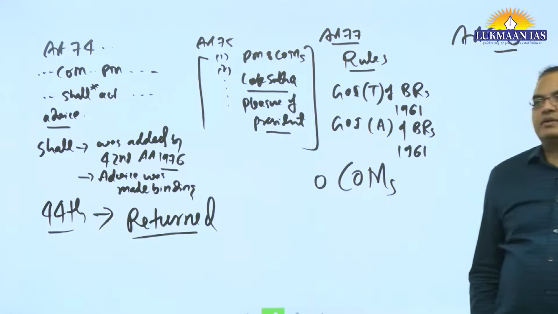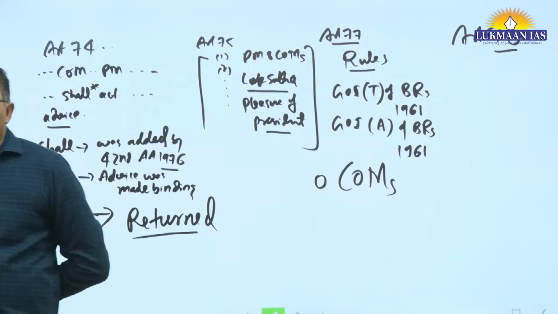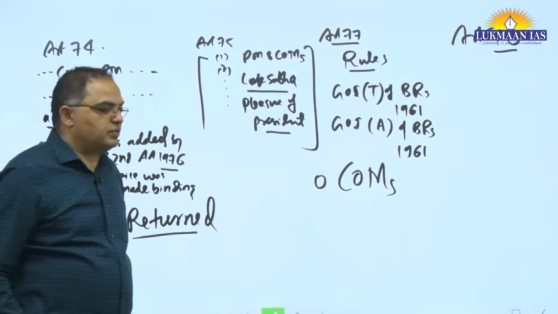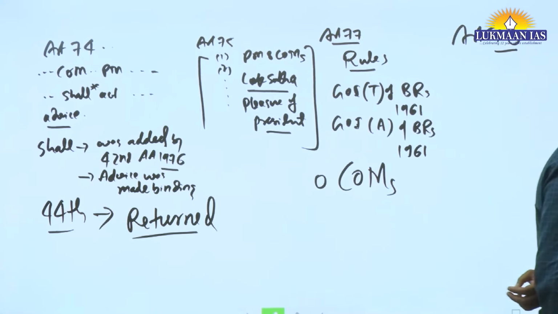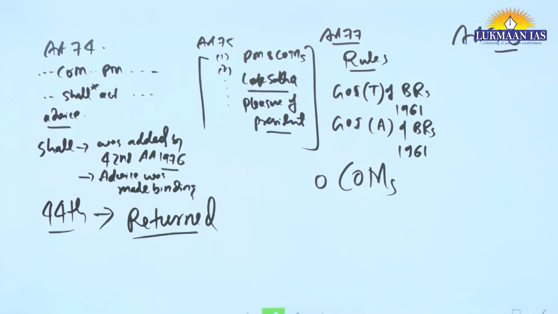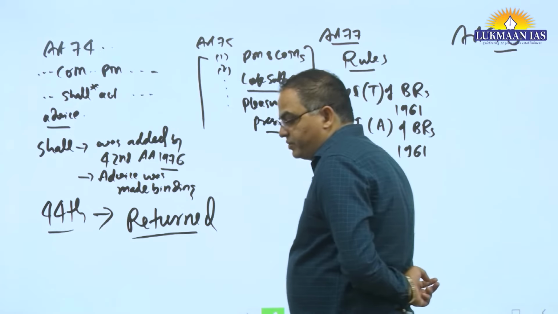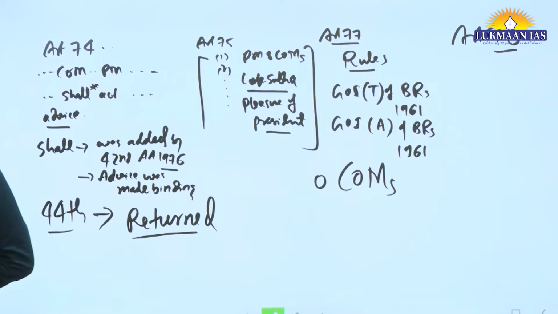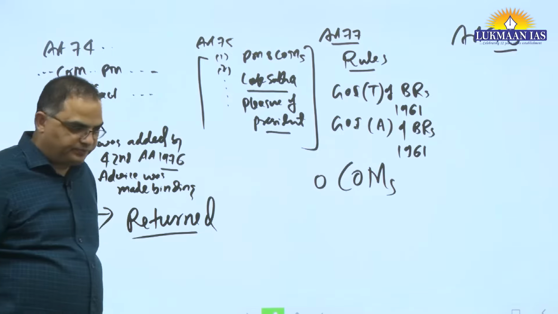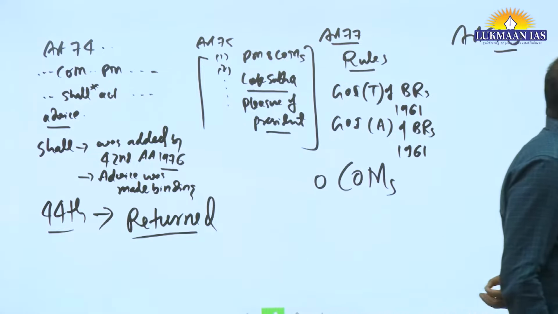In case of Article 77, which is related to transaction of business rules, that is, framing of rules for convenient transaction of business of the government, it is done on the advice of the Council of Ministers.